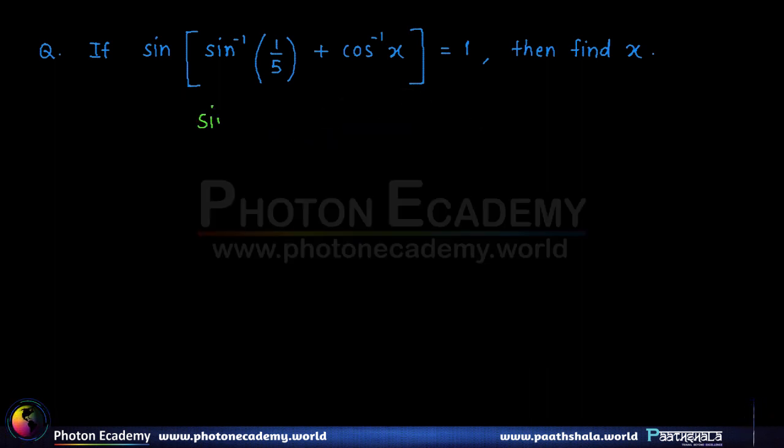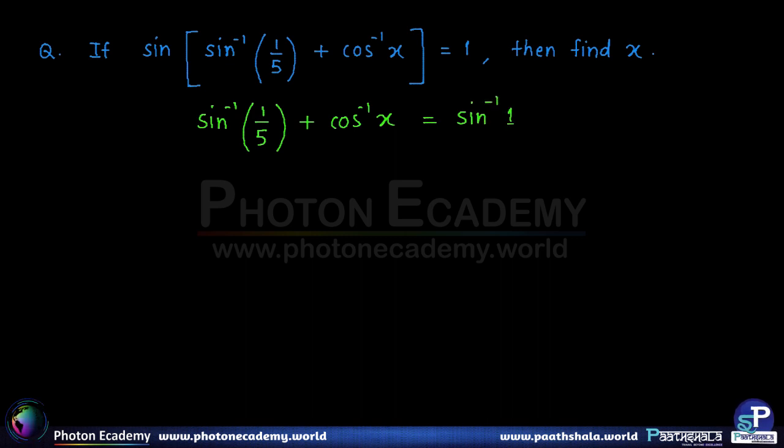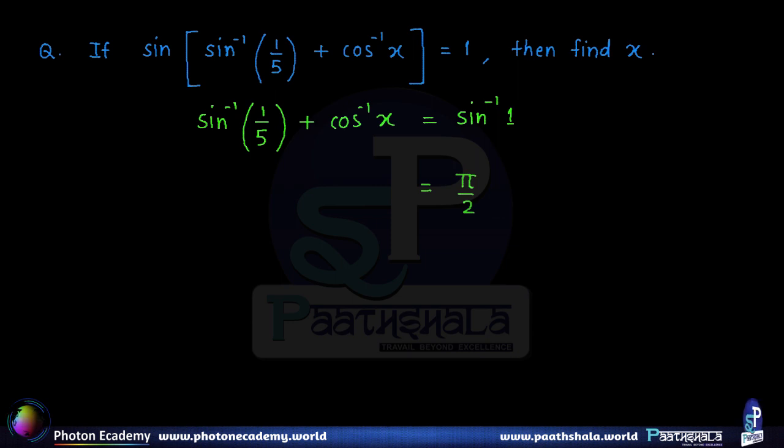sin inverse of 1 by 5 plus cos inverse of x must be equal to sin inverse of 1, that is equal to pi by 2. So we have sin inverse of 1 by 5 plus cos inverse of x is equal to pi by 2.